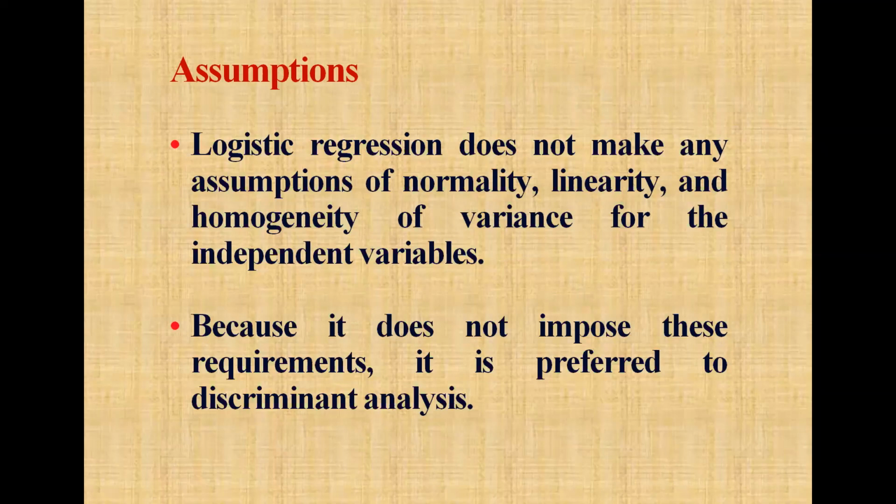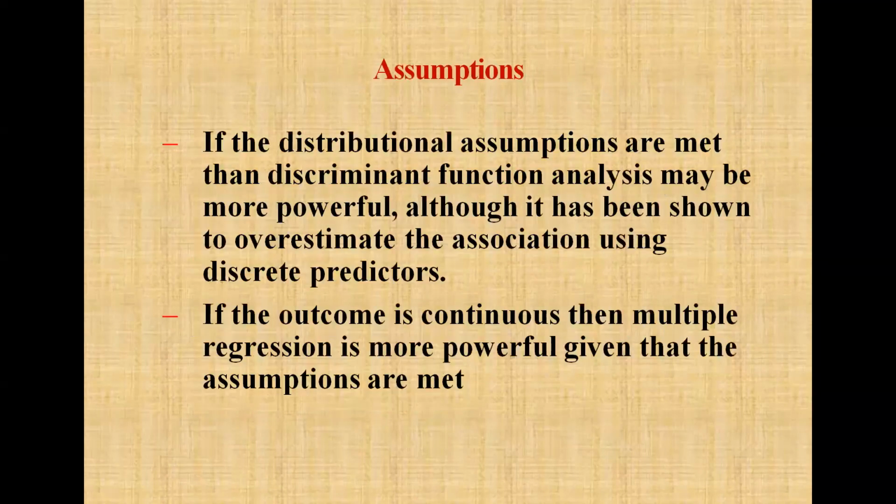We have an old technique known as discriminant analysis, which we can use when normality, linearity, and homogeneity are not present. If the distributional assumptions are met, discriminant analysis may be more powerful, although it has been shown to overestimate the association between the discrete predictors. There is a problem.